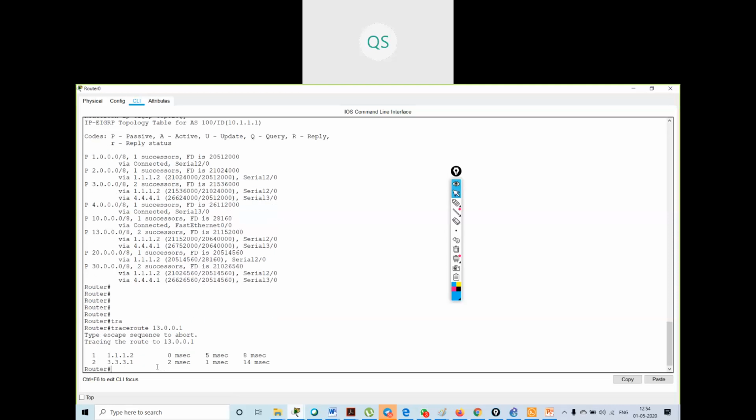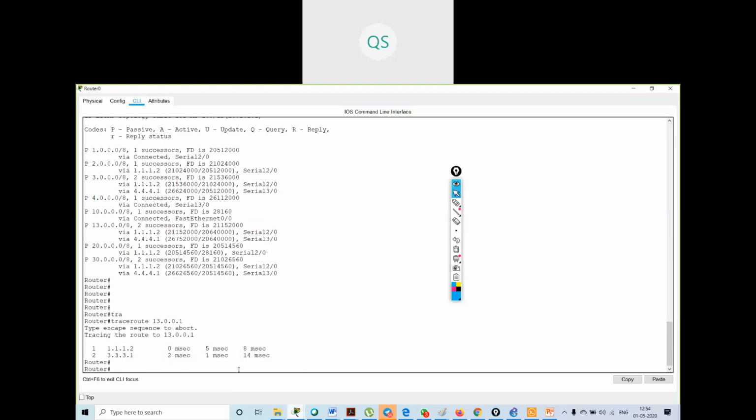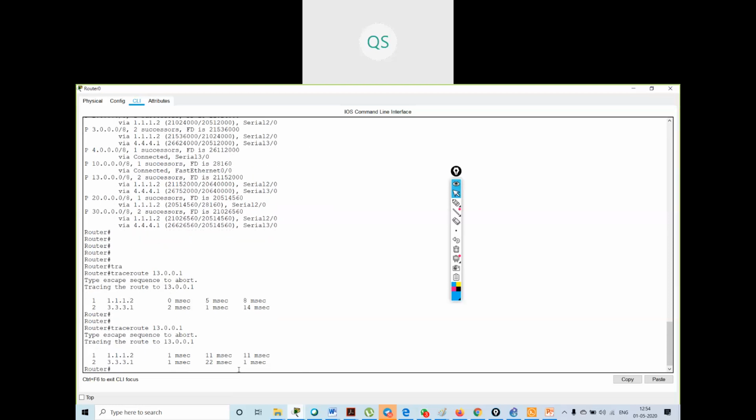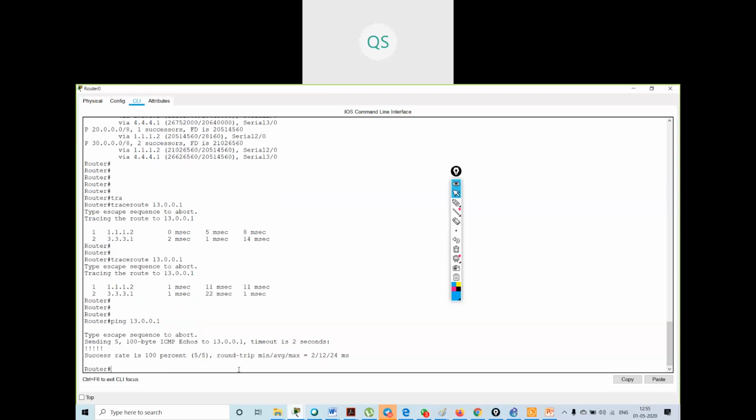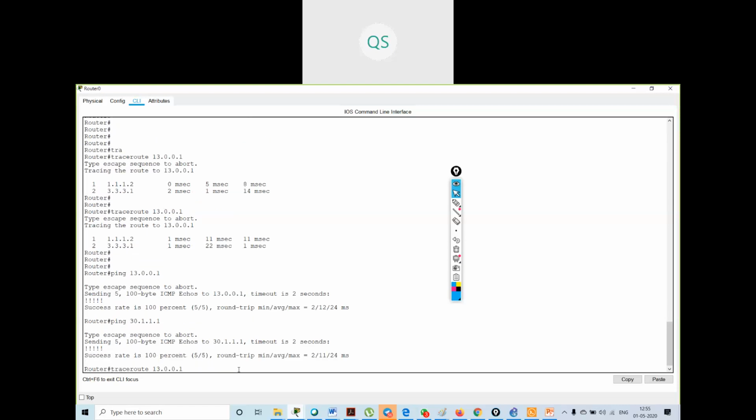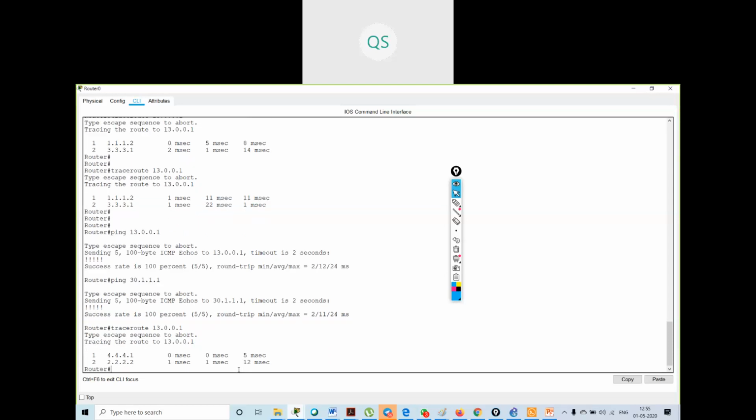Traceroute 13.0.0.1, and 30.1.1.1. See, now it is using the 4.0.0.0 network.